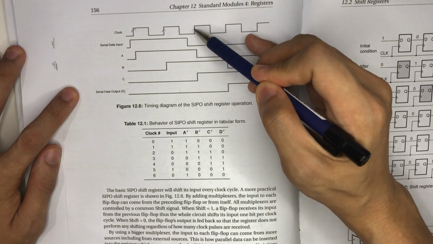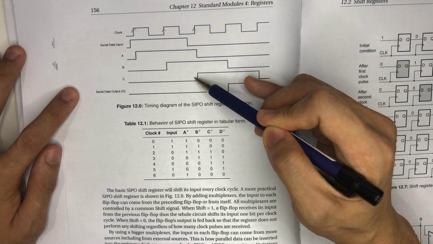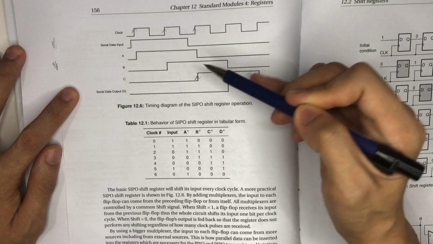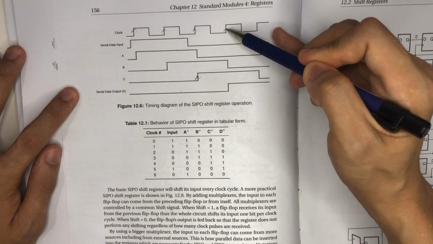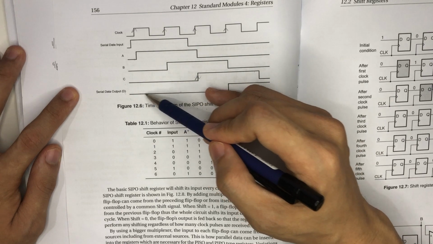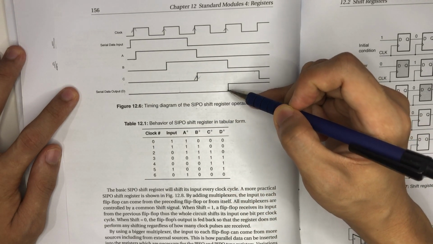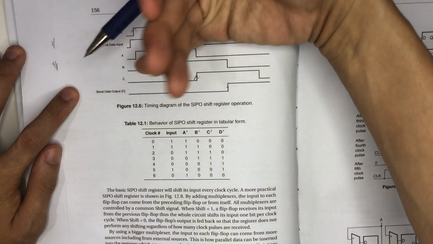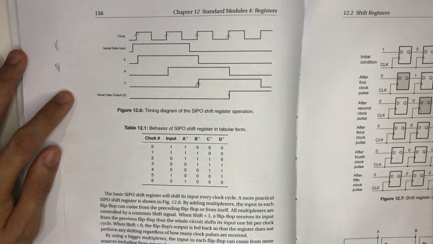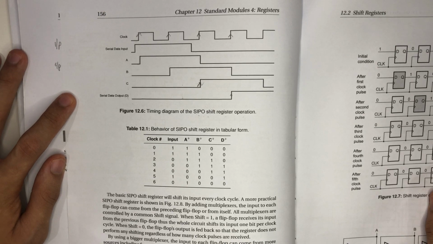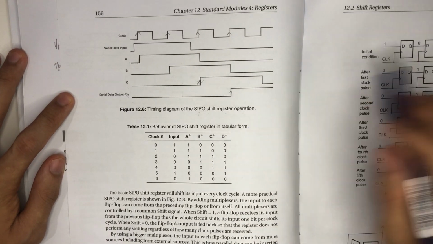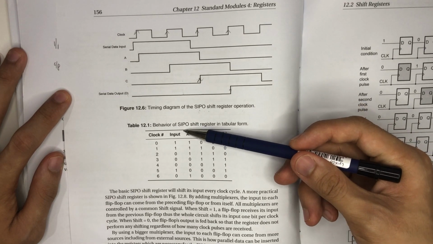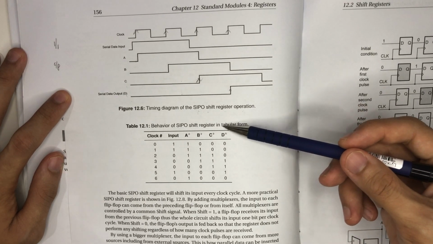Then at the next rising edge, only then flip-flop C will have a change in output, and the same goes for the last flip-flop D, where you have changes in output. You can see it is a pattern. So this is serial in, parallel out.